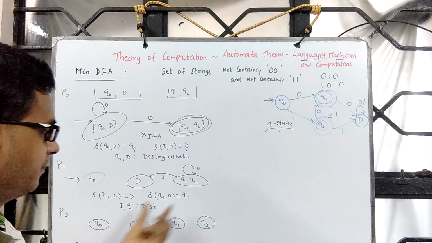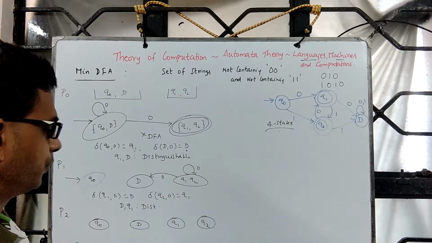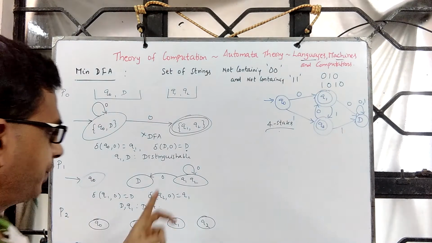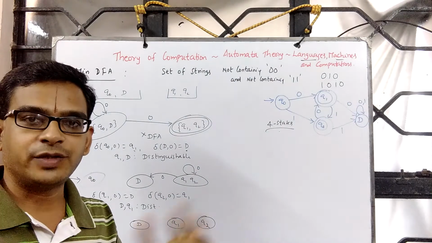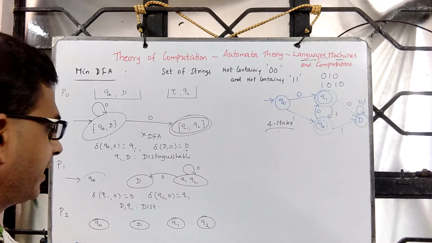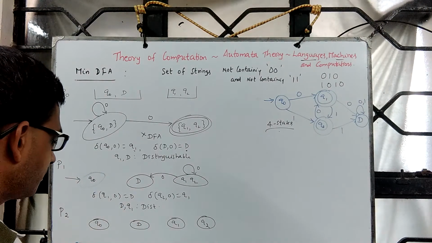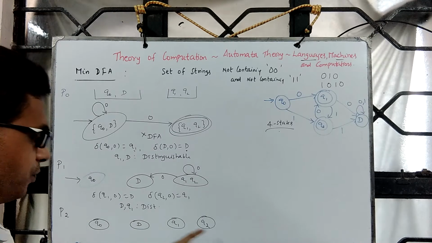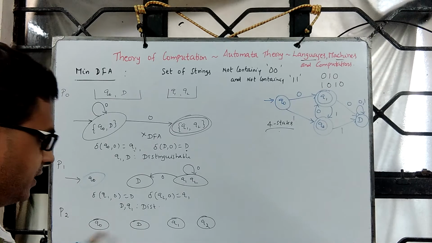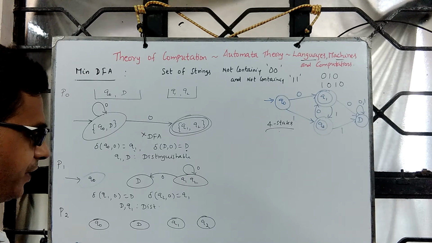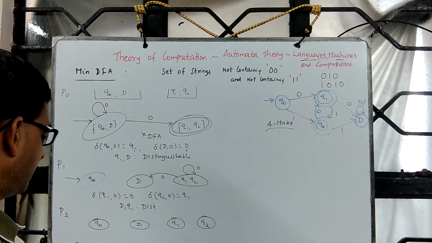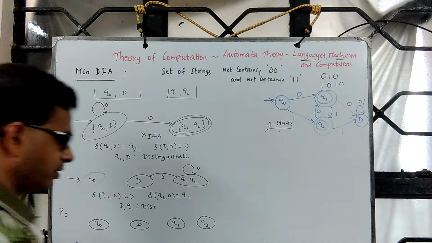If one exists, we split them into two. The moment you find a pair, split and go to the next level. In that, again look for a pair and split if they are distinguishable. But when each block in the partition is a singleton set, no need to partition any further. So you can stop now.